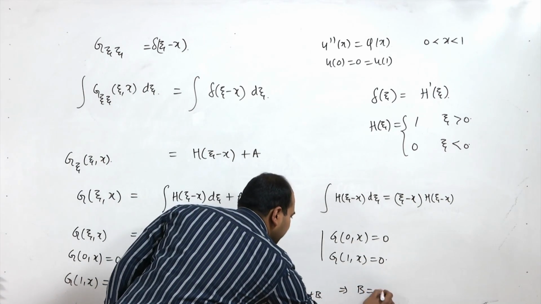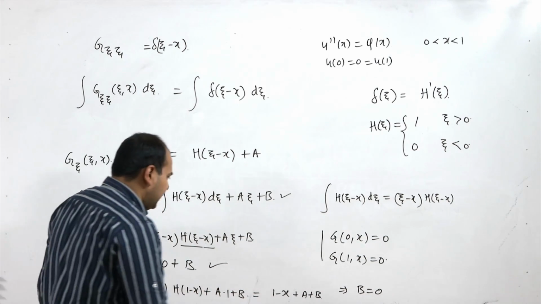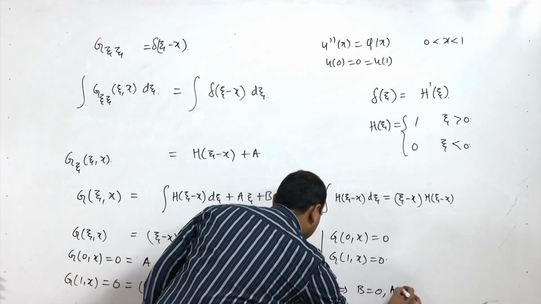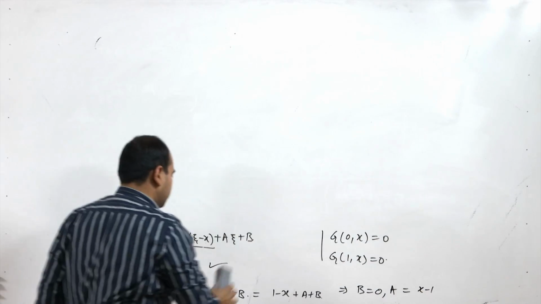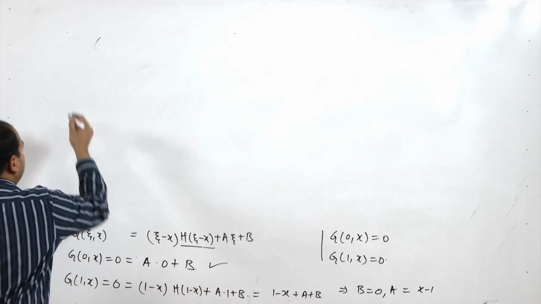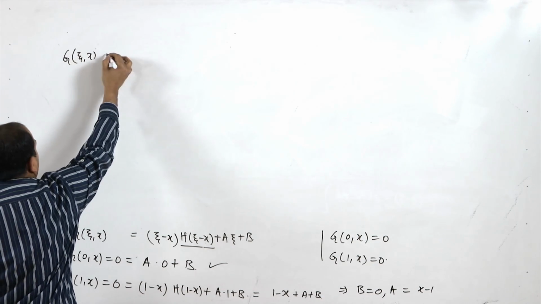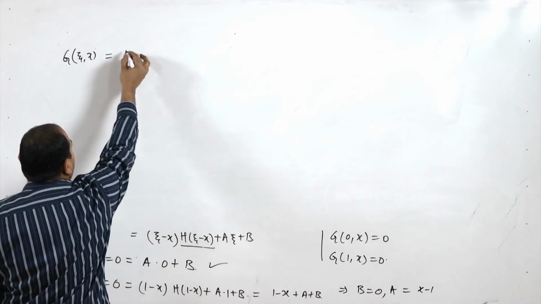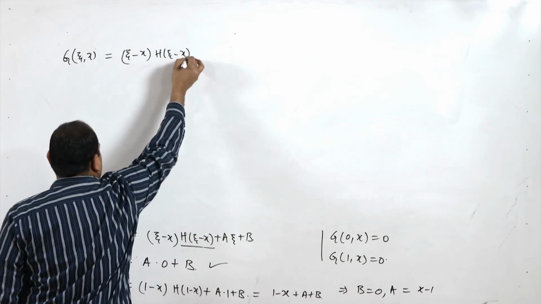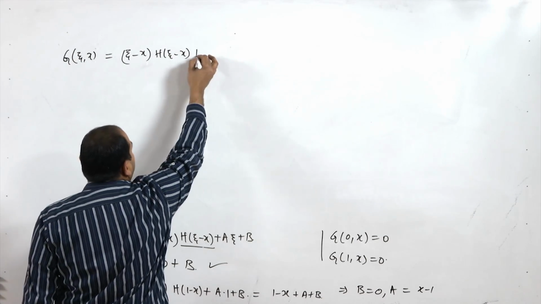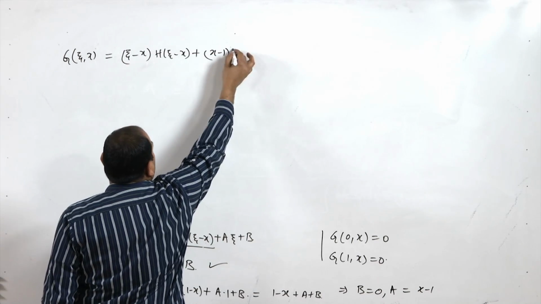This implies that b equal to 0, which is clear from this, and you can write here a as this x minus 1. So I can write it here that g(xi, x) is defined as xi minus x h(xi minus x) plus x minus 1 xi.